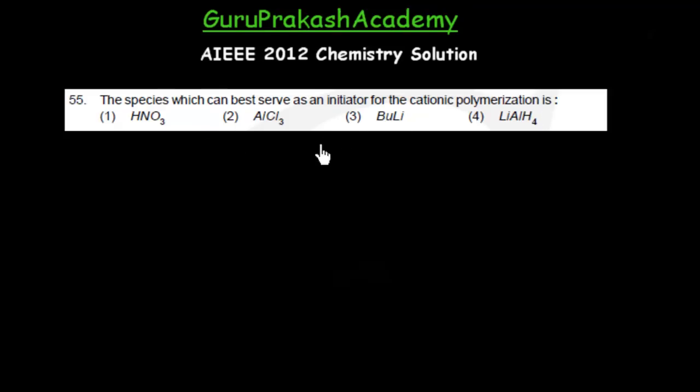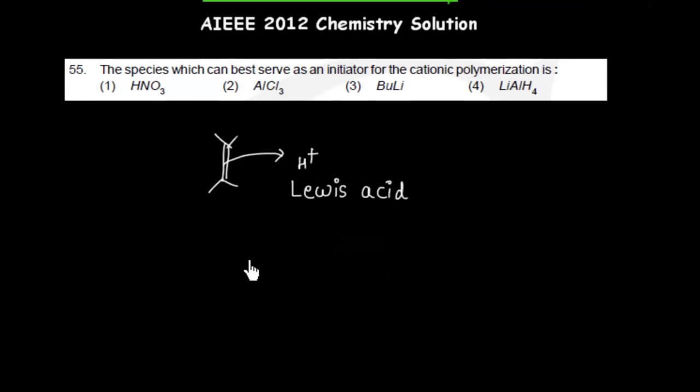You have a double bond, and this double bond goes to somewhere so that polymerization starts. Either you can have H+, that is basically an acid, or you can have a Lewis acid. If it does not have H+, you can have a Lewis acid, and that can start polymerization.